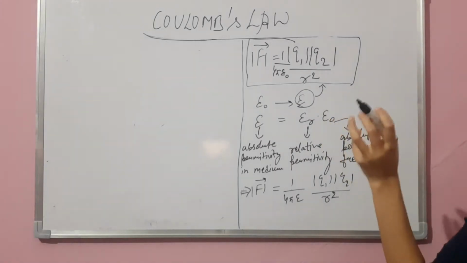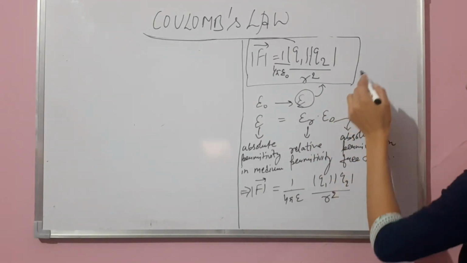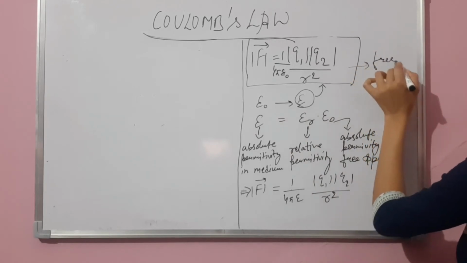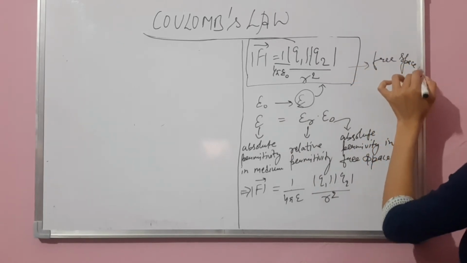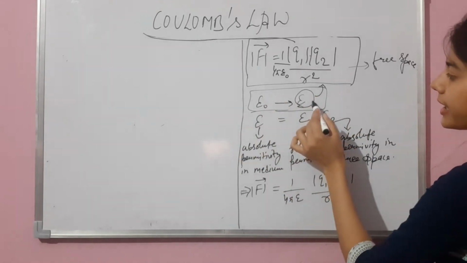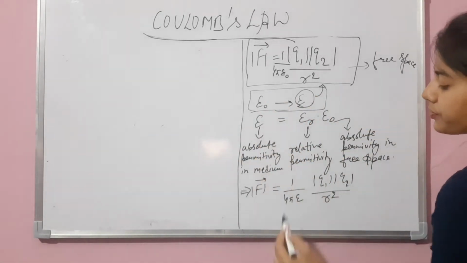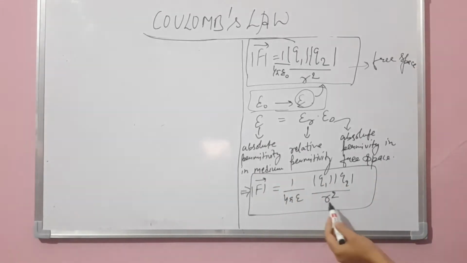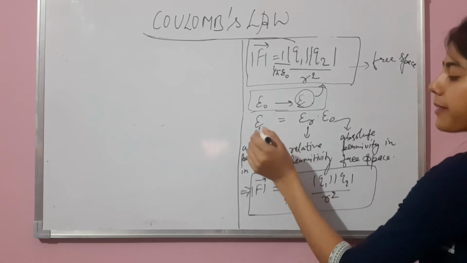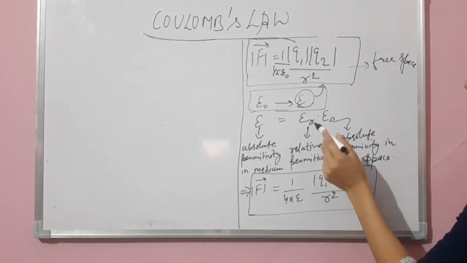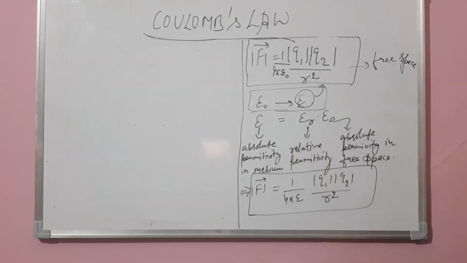Before, if the point charges are placed in free space, then the force will be like this, and if the point charges are placed in any other medium, then the electrostatic force will be represented as this. And absolute permittivity in a medium is equal to the relative permittivity multiplied by epsilon naught.